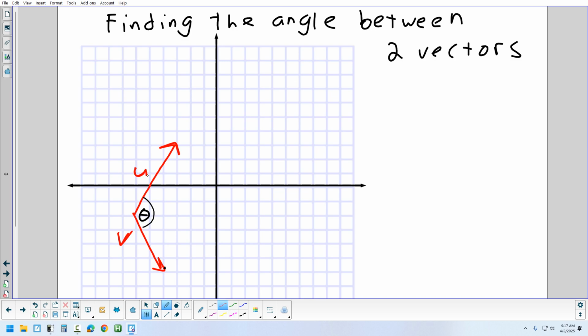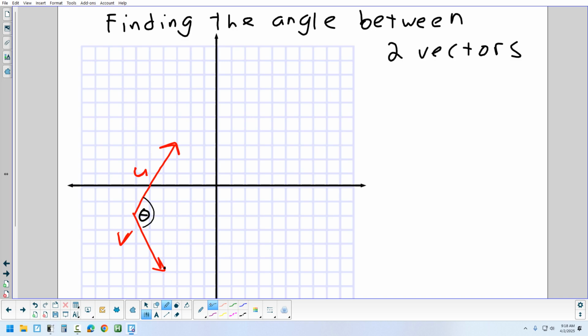And anybody have an idea of what shape we are going to make to figure out that angle? Triangle. Yeah, we're going to make this into a triangle. What we need to do is figure out the third side. Well, the third side is a combination of these two vectors somehow.